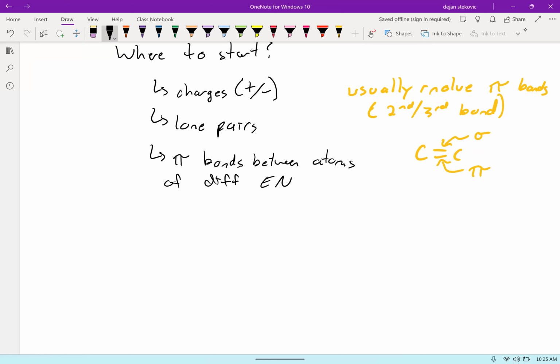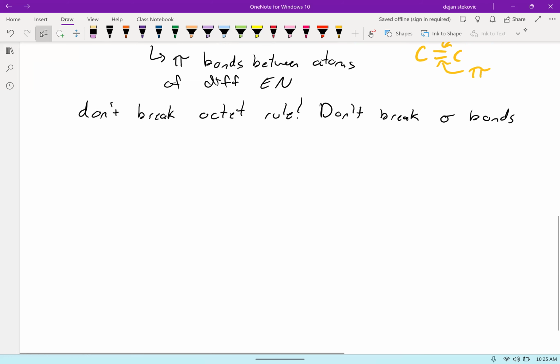Some other things to keep in mind when drawing your resonance structures: don't break the octet rule. And in resonance structures, since they're just a weighted average, it's still the same molecule. We're just drawing different frames of it. We're not going to break any sigma bonds, right? We're only going to move around lone pairs and pi bonds.